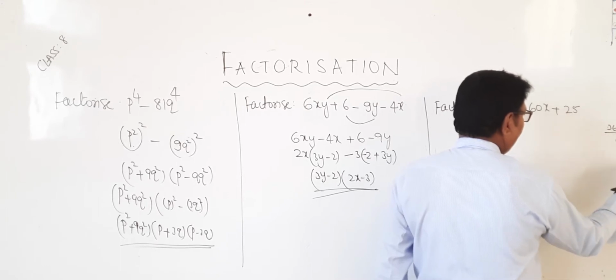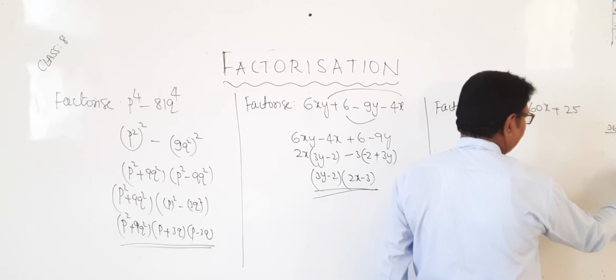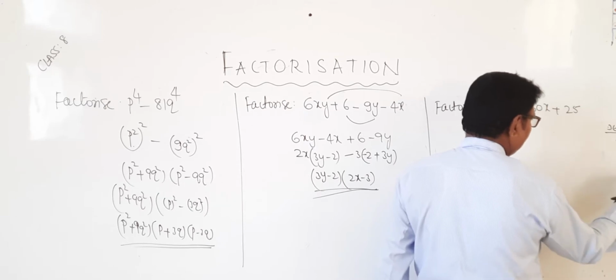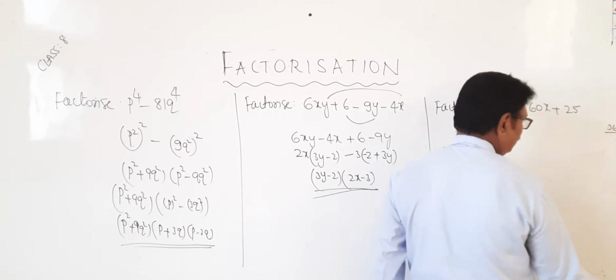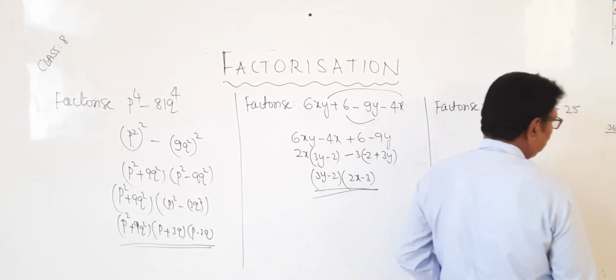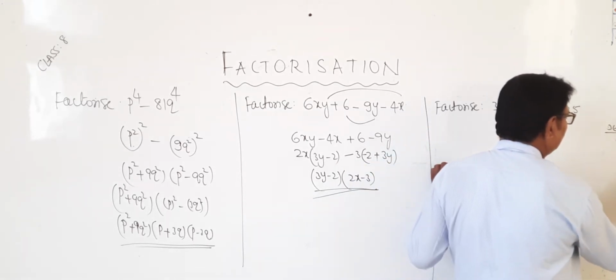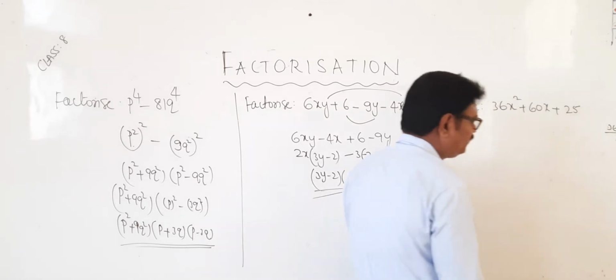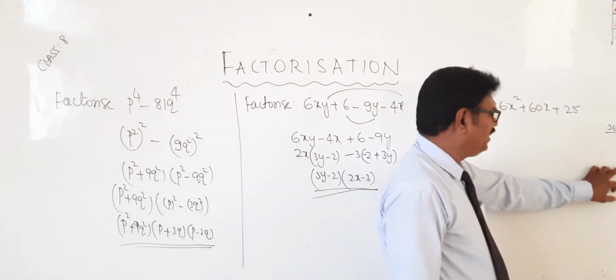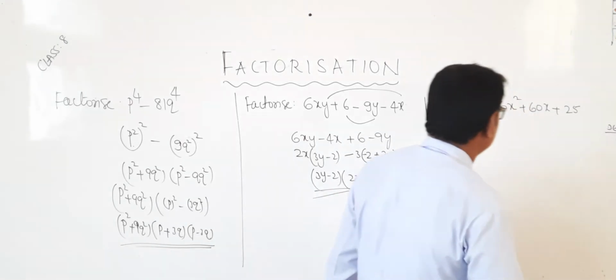So 900 means you can do 90 into 10, 45 into 20, like this. Otherwise 30 into 30. Here nothing will be grouped, but here these two can be grouped.